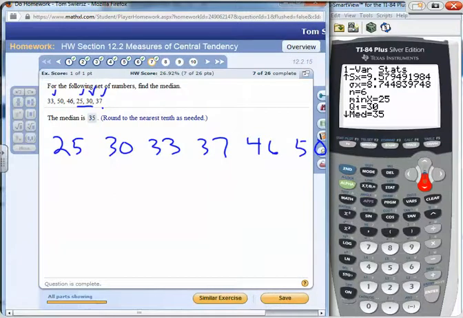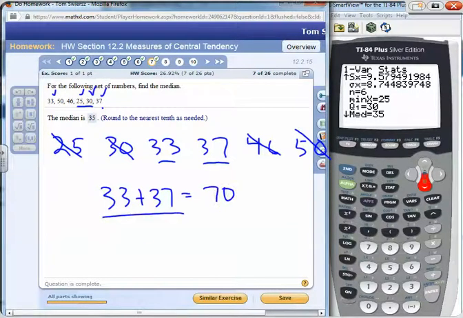So now what? The middle ones, people cross out the extremes. We have the 2 middle values because it's even, right? So the rule is you add up the 2 middle scores. 33 plus 37 is 70, and then you divide it by 2, and 70 divided by 2 is 35, and that's our value we got using the calculator.